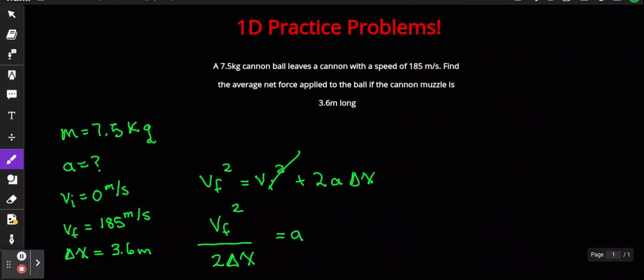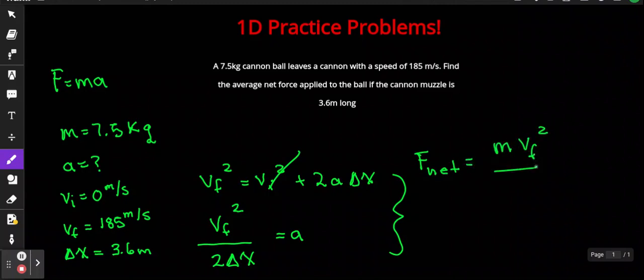In order to get force, we have to do force is mass times acceleration. So our force net would be mass times v final squared divided by 2 delta x.